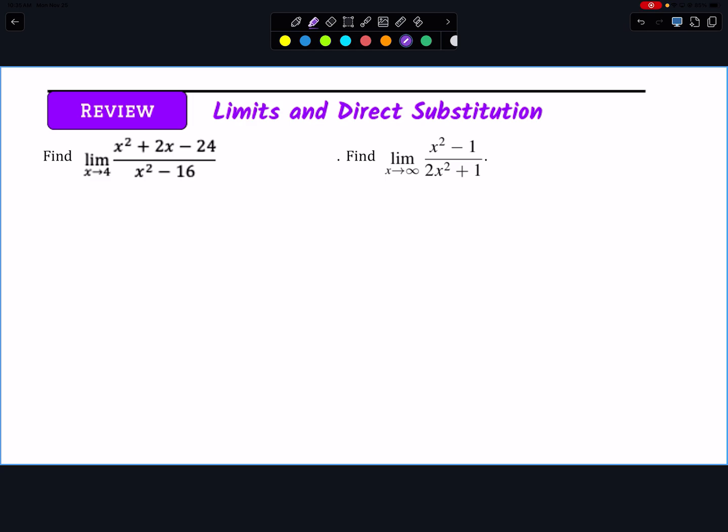Factor, okay? Because if you plugged in 4, what's 4 squared? 16. Are we allowed to have 16 minus 16 on the bottom? So what we're going to do is we're going to factor this first.